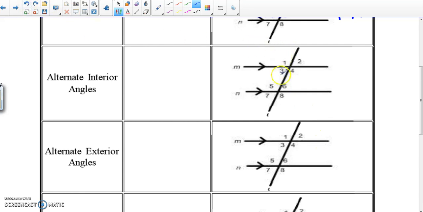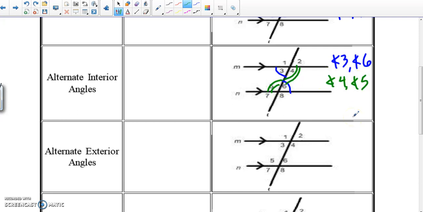So alternate interior angles would be angle 3 and angle 6. The other pair would be angle 4 and angle 5.